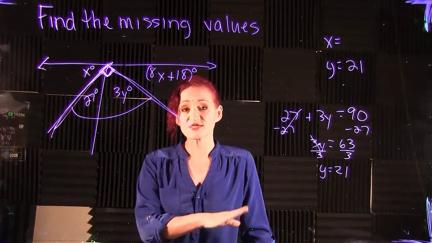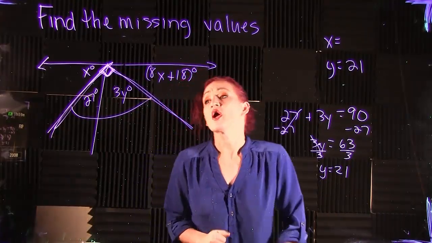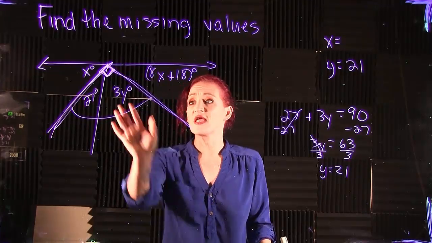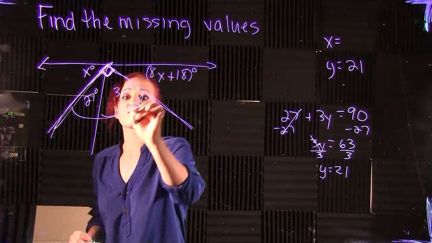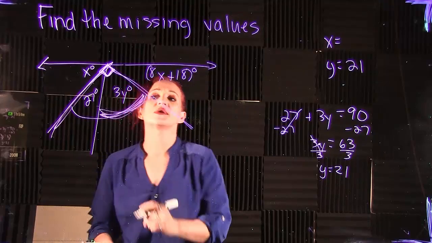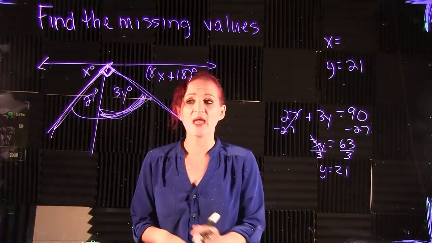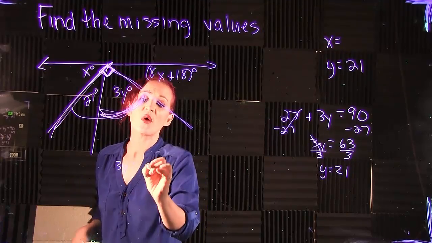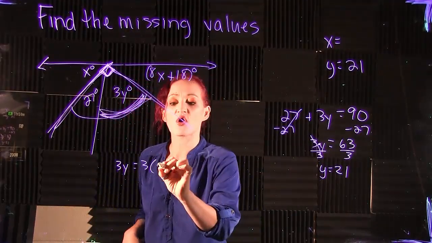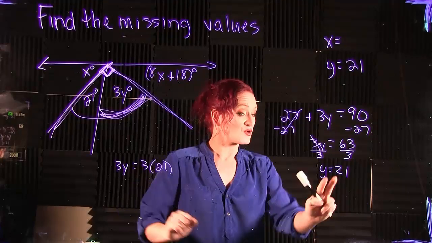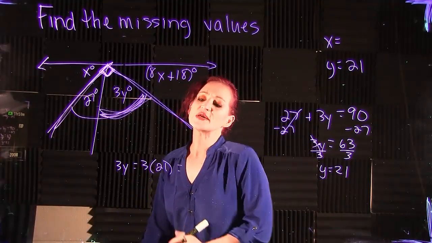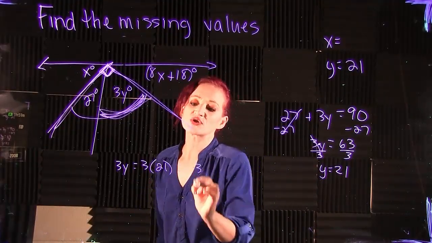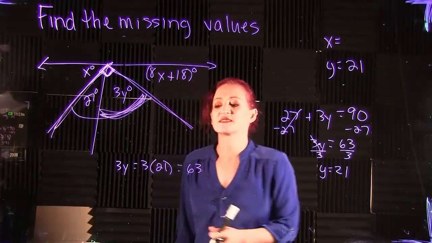So that solves one of our variables for us. We can also find the angle measure for this angle right over here, which is labeled 3y. Now that we know that y is equal to 21, 3 times 21 is going to give us 63.